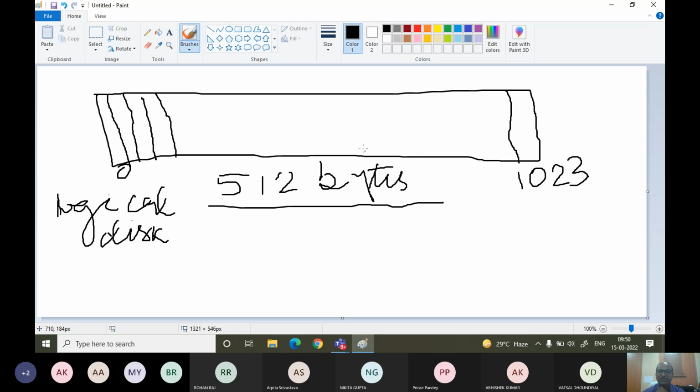Now last day we also talked about this disk, which is a very small one, but consider you have a disk of 1 TB, then you partition that disk into 2 or 3 different components. You call it C drive, D drive, E drive.